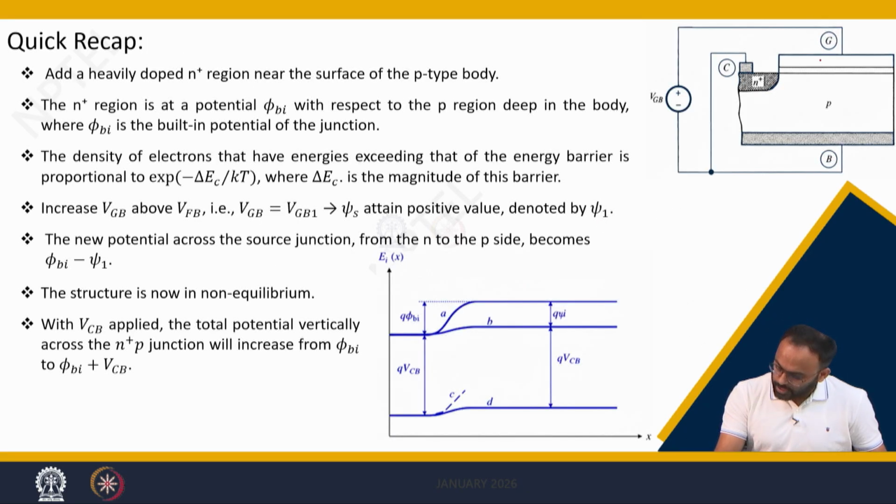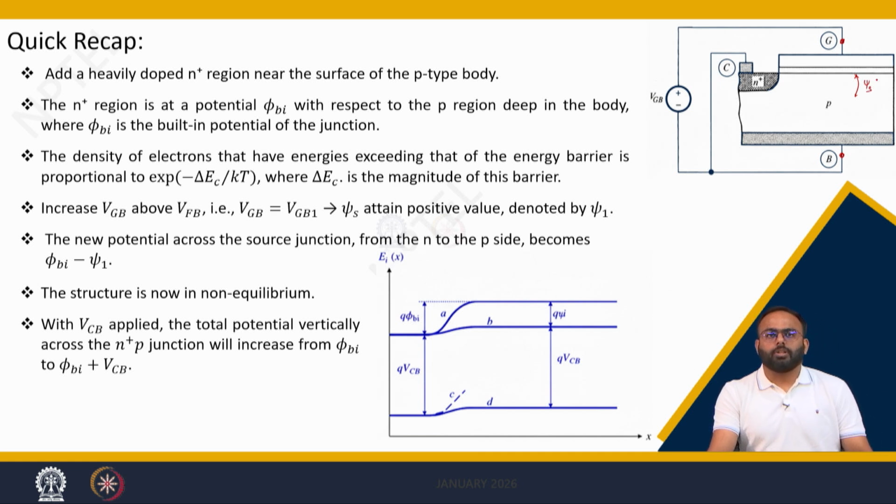So, we said that in the 2-terminal structure we have a gate and we have a body. When we connect a gate to body voltage, this causes some amount of surface potential, and this surface potential causes a surface charge. For the sake of simplicity, we said let us consider VGB equals the flat band voltage, meaning there is no charge present at the surface.